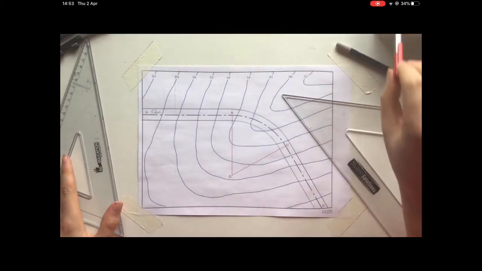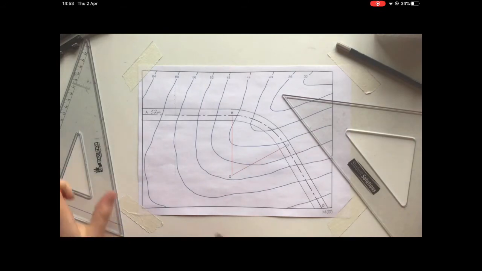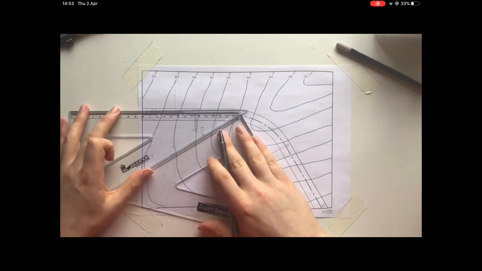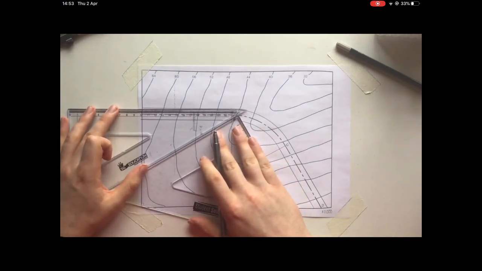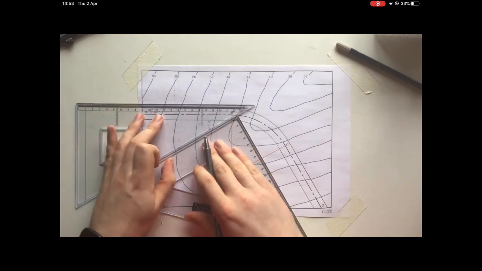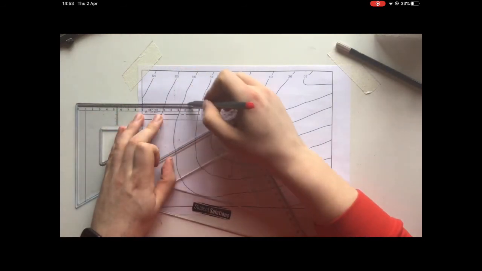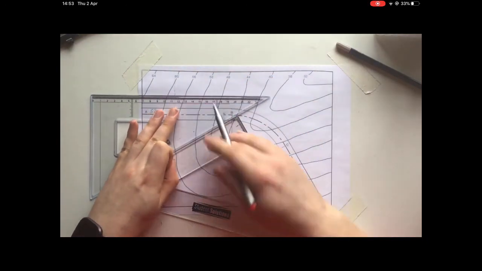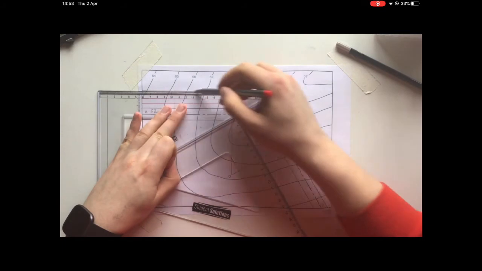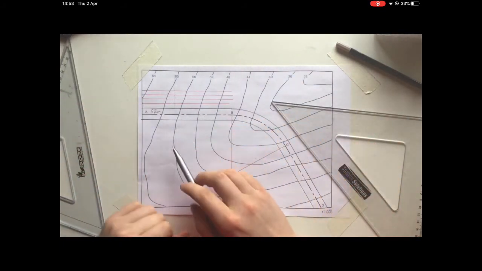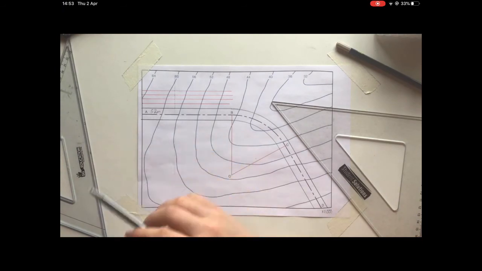Next, I'm going to fill these in red. Our red is going to be for our cut. I'm going to draw these across now, and the key thing here is that they're parallel to the road. Now we must label these. The road is 52 meters off the ground.